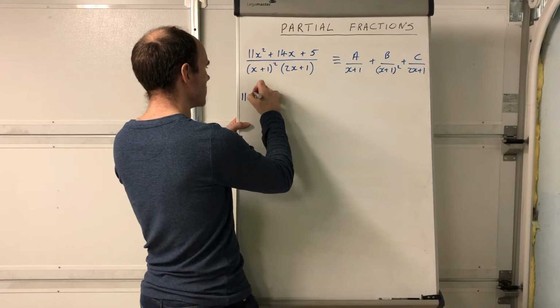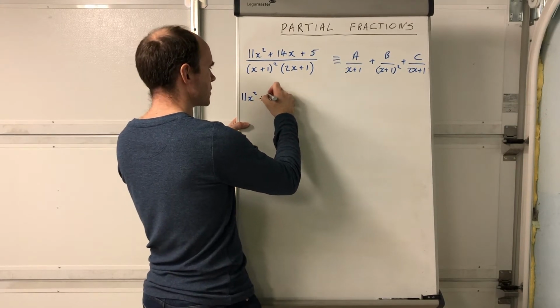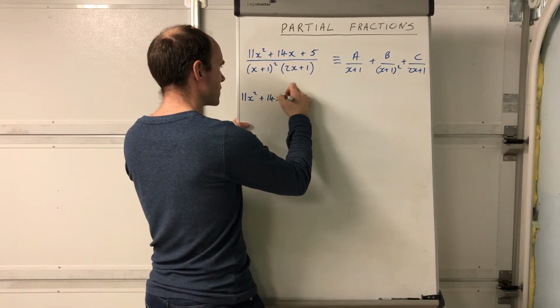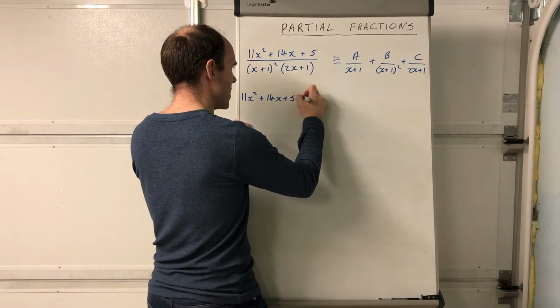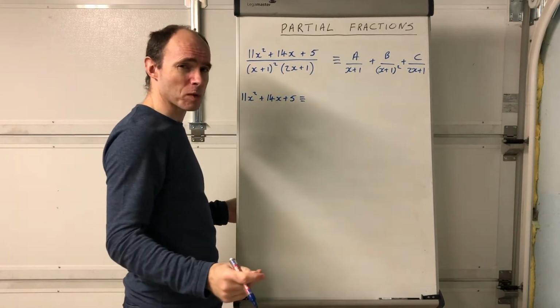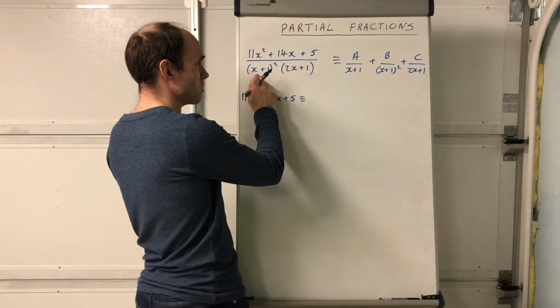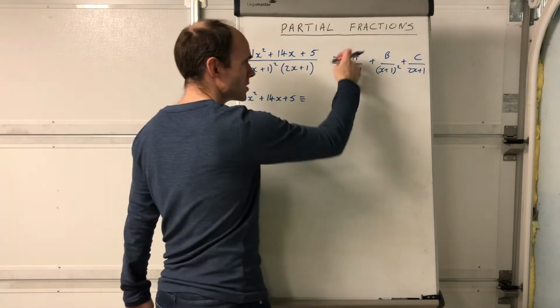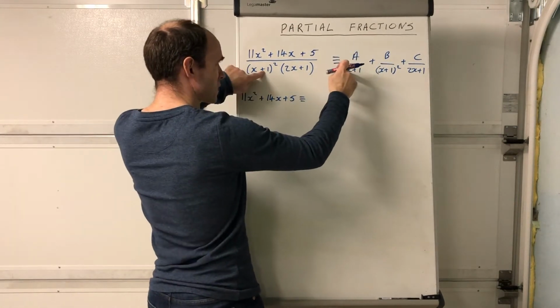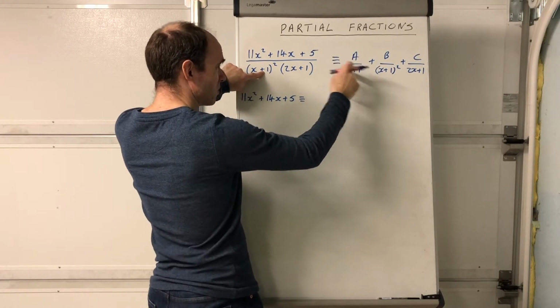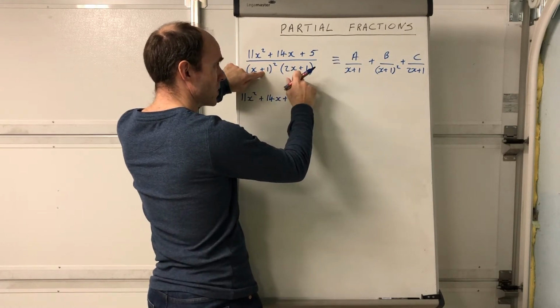So the left hand side will be 11x² + 14x + 5, and then the right hand side, remember we're multiplying both sides by (x + 1)²(2x + 1). So in this term, one of the (x + 1)'s will cancel, and we're left with an additional (x + 1) and the (2x + 1).